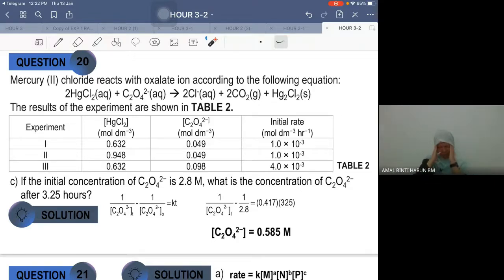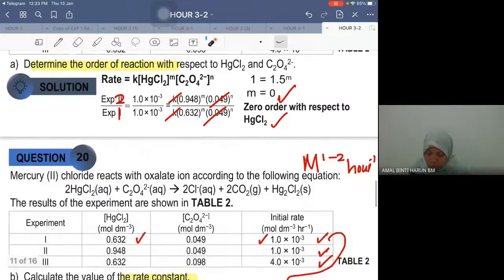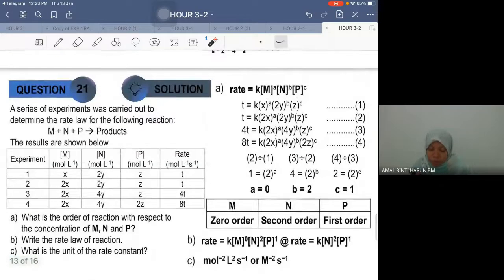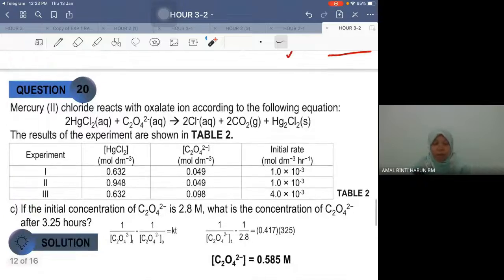So what we do is we use the integrated rate equation for the second order, because this is second order with respect to oxalate ion. So use the integrated rate equation for the second order, because we want to find the final concentration of oxalate, which is second order.